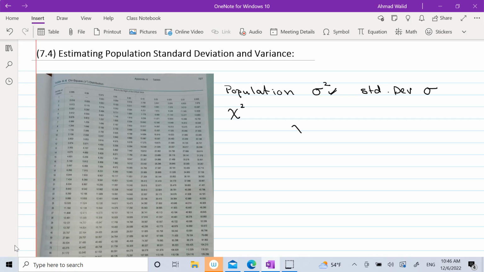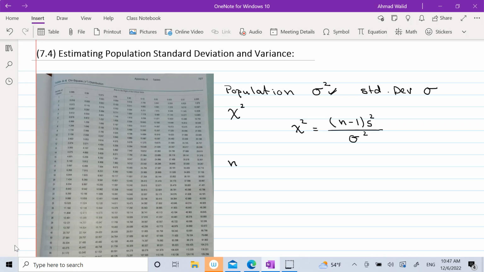What is the chi-square score? The formula for chi-square is equal to the degrees of freedom, which is n minus 1, times your sample variance squared, divided by the population variance squared. That will be the formula. A few notations before I show you the graph of it.